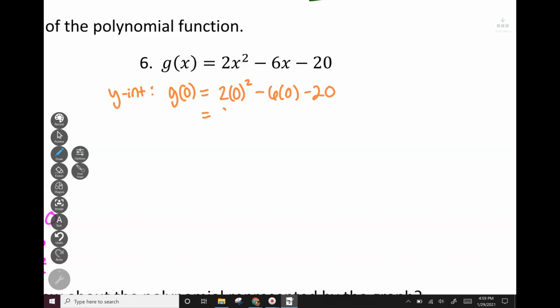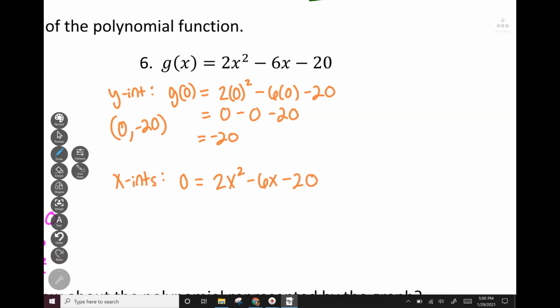Okay, so 0 minus 0 minus 20 gives us negative 20. So the point is (0, negative 20). Okay, now for the x-intercepts. Plugging in 0 for y, or g of x, just setting your function equal to 0.